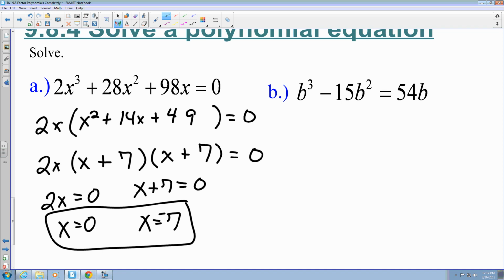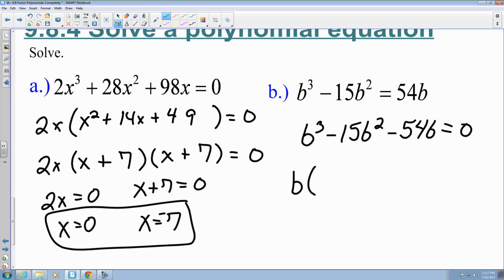I'm going to first get one side of my equal sign equal to 0, so I got b cubed minus 15b squared minus 54b equals 0. And I can factor out a b. So I got b squared minus 15b minus 54 equals 0.